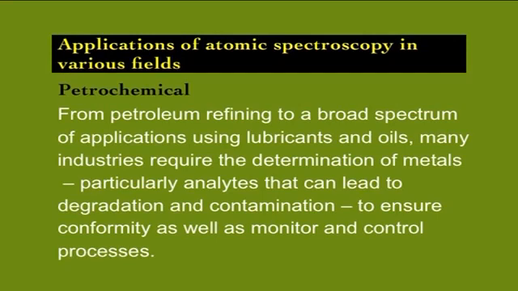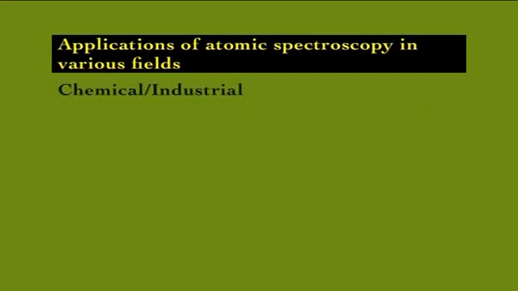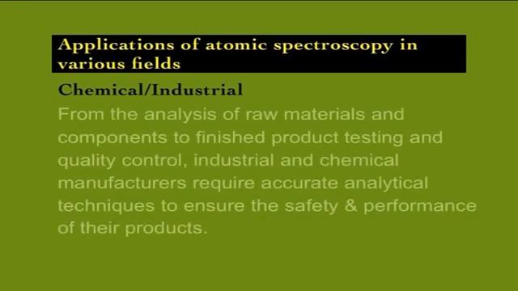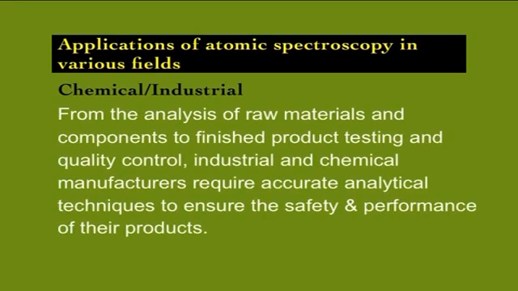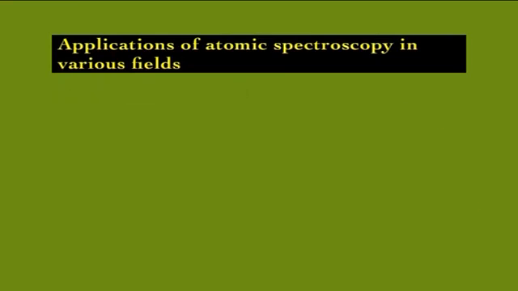control processes. Chemical industries. From an analysis of raw materials and components to finished products, testing and quality control, industrial and chemical manufacturers require accurate analytical techniques to ensure the safety and performance of their products.